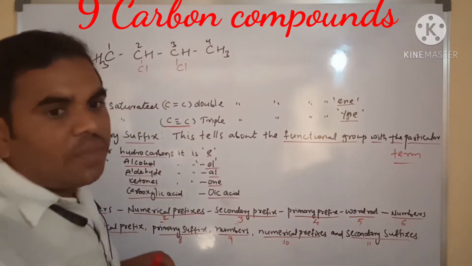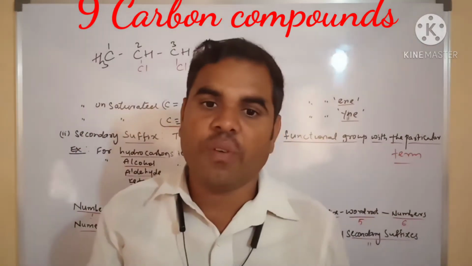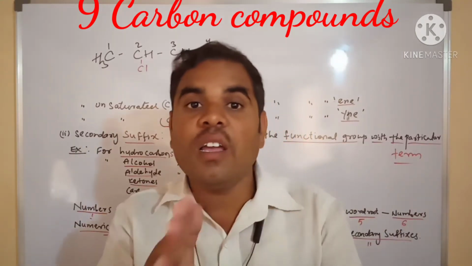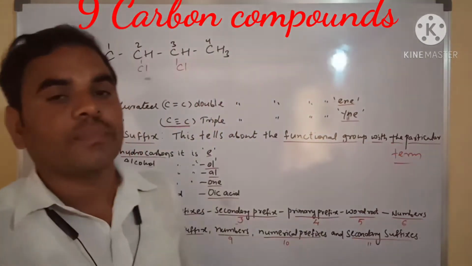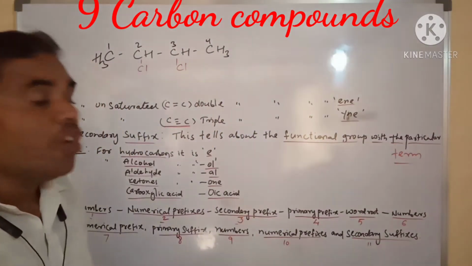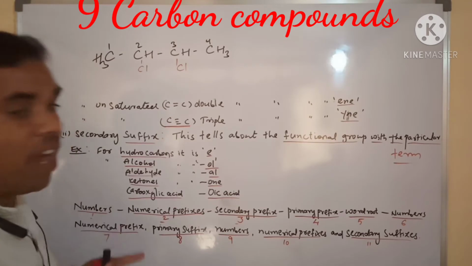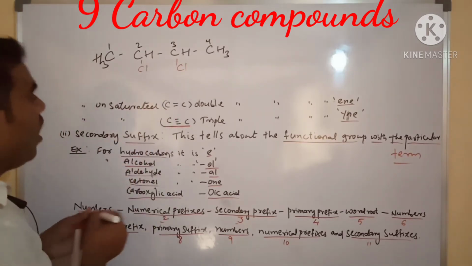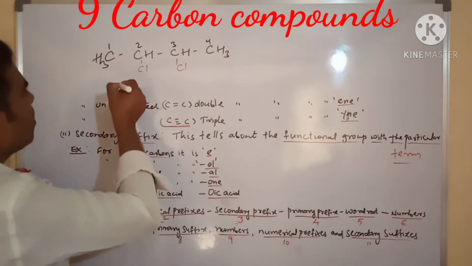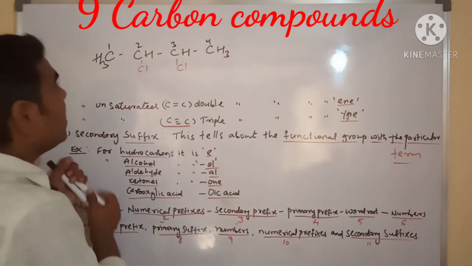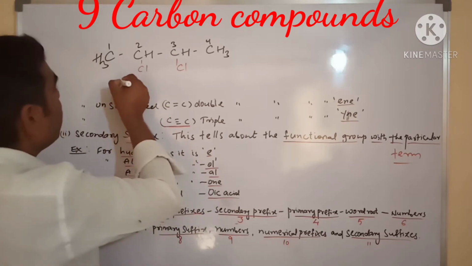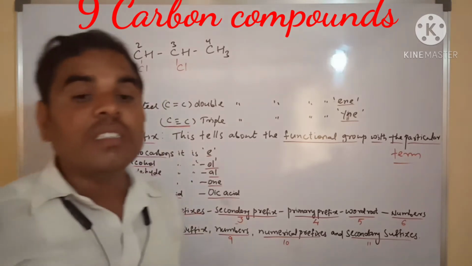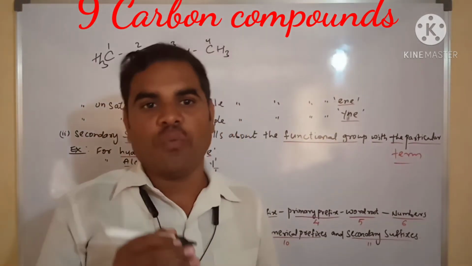Okay, now we have to write the name of the compound. First, the numerical numbers, which are already given. We write 2, 3. And then we have to write chloro first.